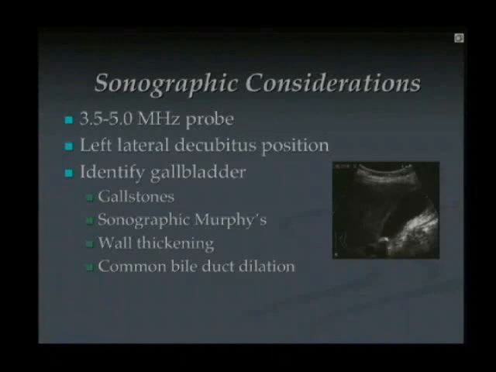As you get really good at this, you'll start detecting wall thickening and bile duct dilatation. I consider those a little bit more advanced. But if you can at least see, does the patient have gallstones, yes or no, and is it tender when I'm palpating, that's, to me, important data points.